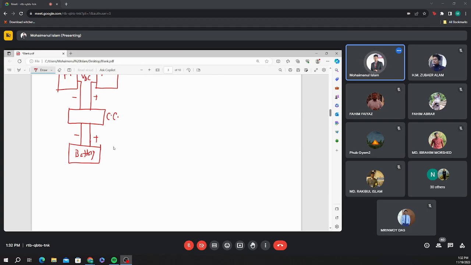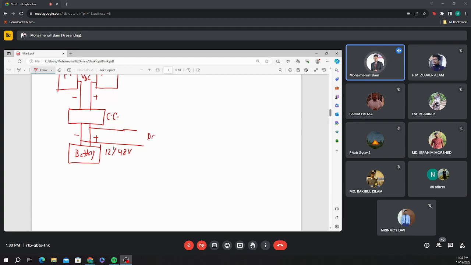So you are storing in the battery. Suppose the battery can be 12 or 48 volt, different packs should be there. And also you can use it for our DC load.